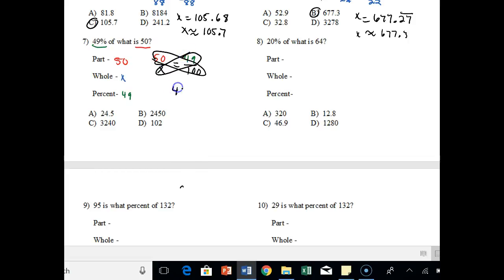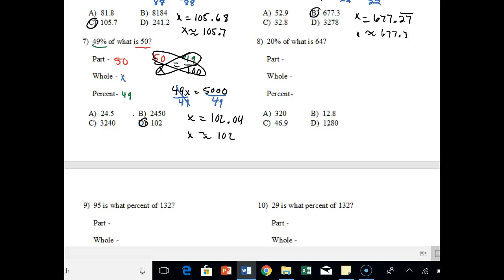We get 49x is equal to 5,000. When we divide both sides by 49, we should get our answer. So x is equal to 102.04, and in this case they want us to round to the nearest whole number, it looks like, so x is equal to about 102.